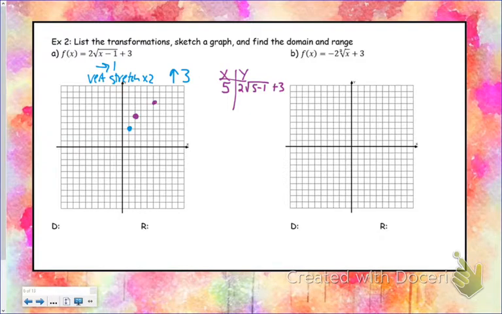And then if I want another point, an easy point to plug in would be, if I wanted the square root of 9, I could plug in 10. So this would be 2 times the square root of 10 minus 1 plus 3. So that would be 2 times 3, so 6 plus 3, which would be 9.